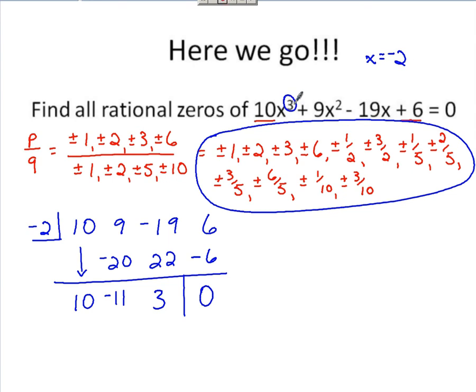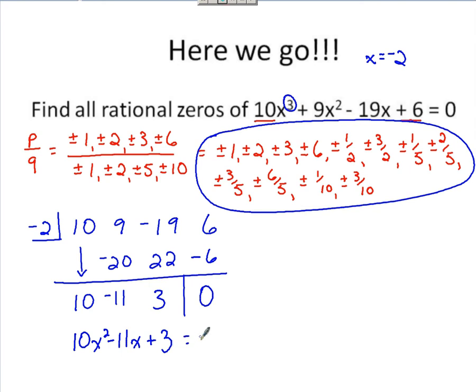I know I have a degree 3 polynomial here set equal to 0, so potentially I'm going to have 3 rational zeros, or 3 solutions to this equation that could be rational. At this point in the problem, I know that I've gone down at least 1 degree because the 10 here represents the coefficient on x squared. The minus 11 represents the coefficient on x, and then 3 is my constant term.